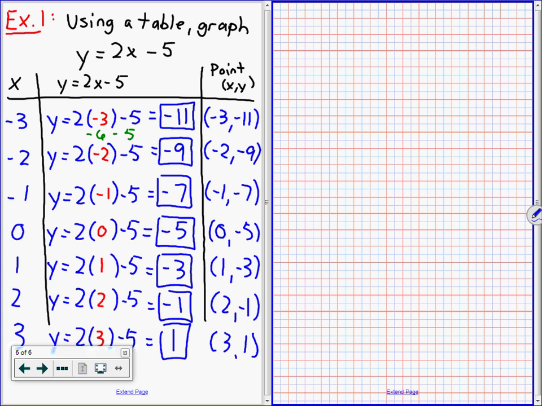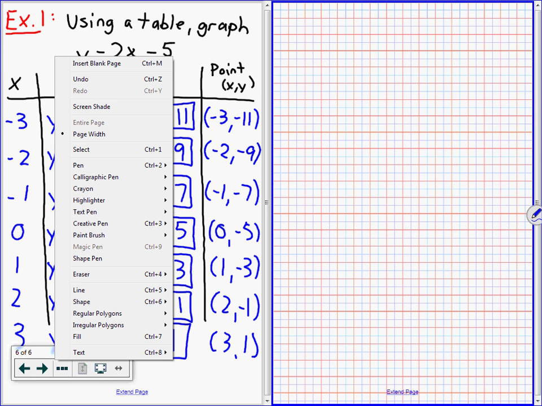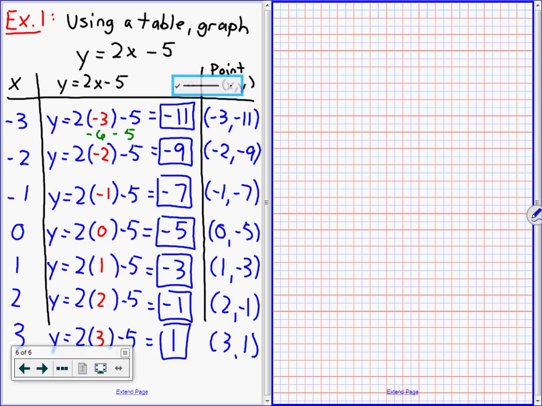Okay? So the first thing to do is to look at our numbers. What are my x values going between? What's my smallest, what's my biggest x value? Negative 3 and 3. What's my biggest and smallest y value? Negative 11 and 1. Okay? So when you do your graph, first thing we're going to do is use a ruler, something like this.